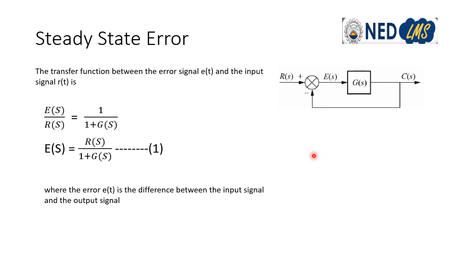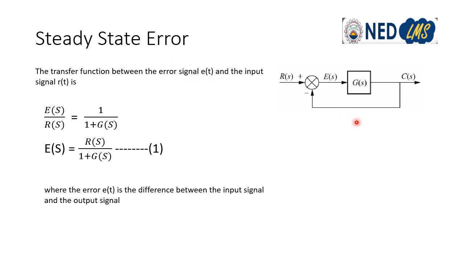Now we define the steady state error formally by using some equations. The transfer function between the error signal and the input is E upon R, or the error ratio. This is equal to 1 upon 1 plus G(s).